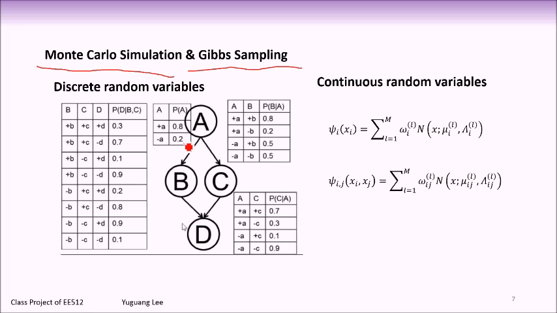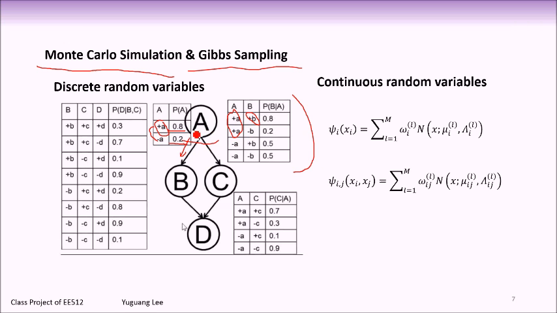So let's start from a very basic case, which is the discrete case, where A has a few states, and each state has a certain probability, and this is a potential of the edge. So we will first sample A, and once we know the state of A, we can use this conditional probability to sample B. We use this process, and so on and so forth.